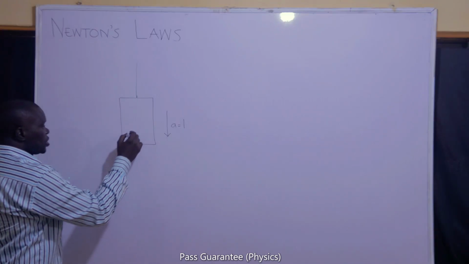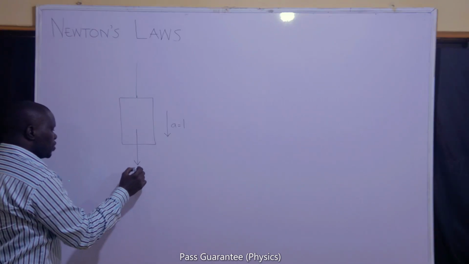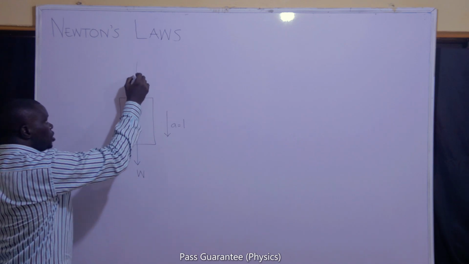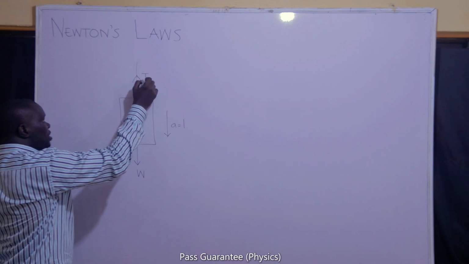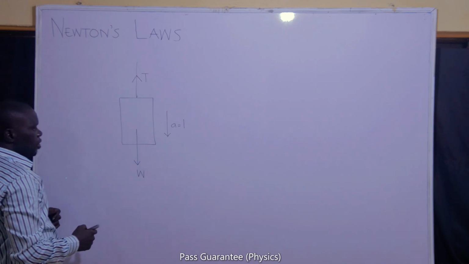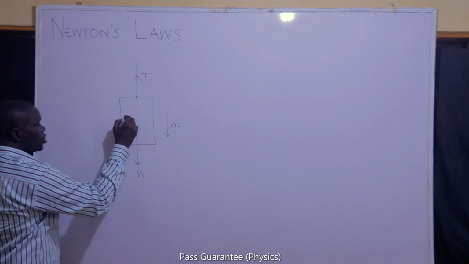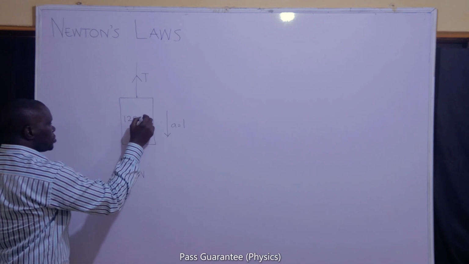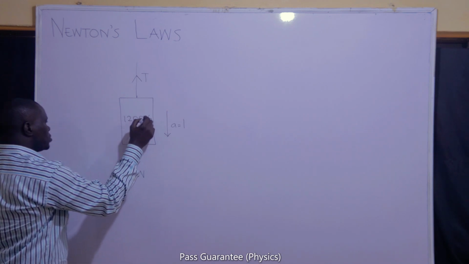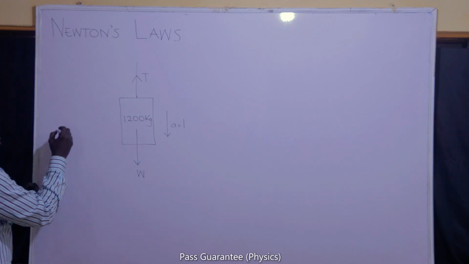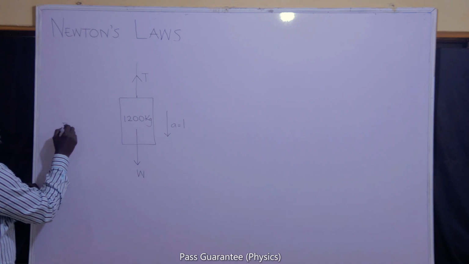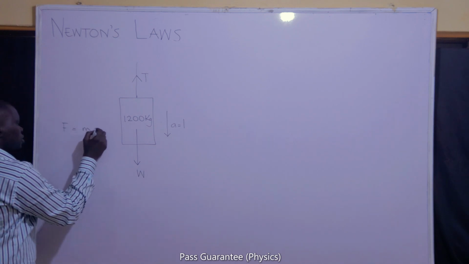Let us show our forces. The elevator will have a weight of its own. And because the cable is used to suspend it, that cable will have a tension, and that is what we are looking for. We are given the mass of the elevator, which is 1,200 kilograms. So I can now use my F is equal to MA, a very important equation.